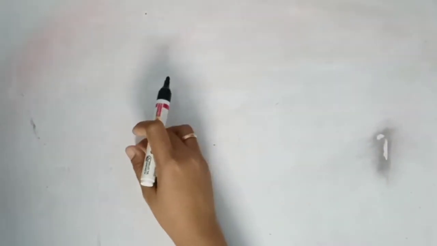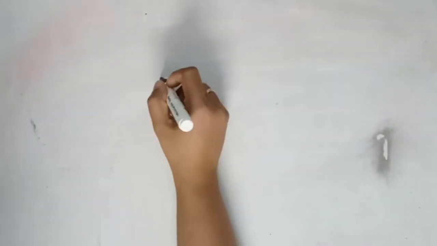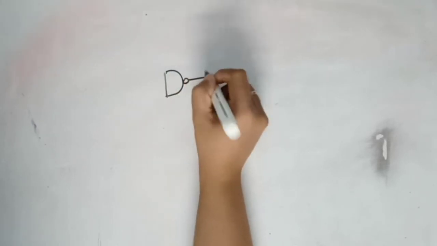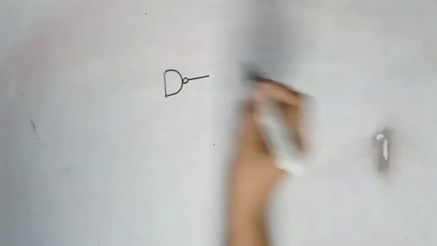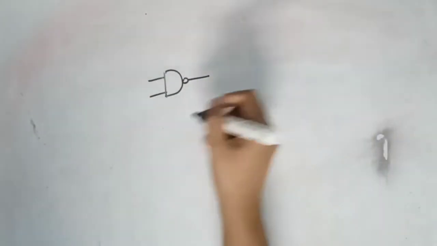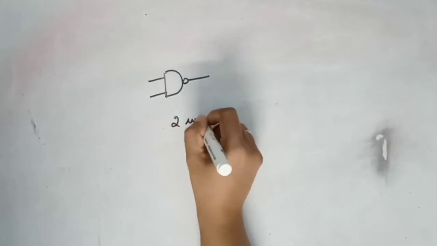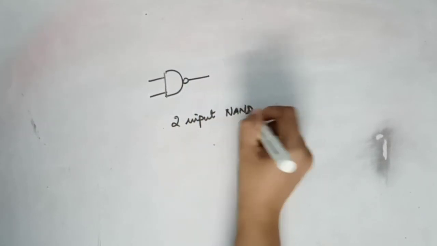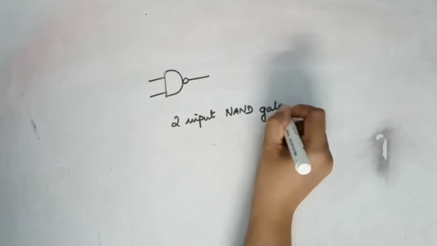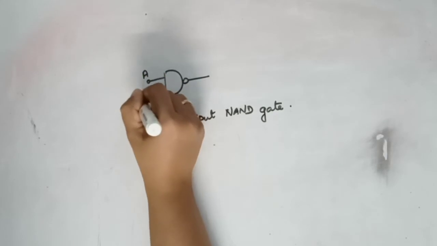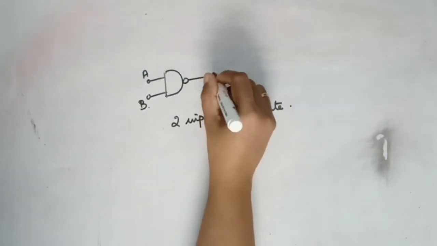So when you consider a particular logic gate, suppose you are dealing with a NAND gate. Suppose this is a 2-input NAND gate, and this is your output.